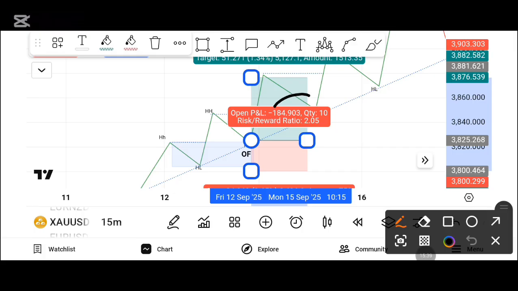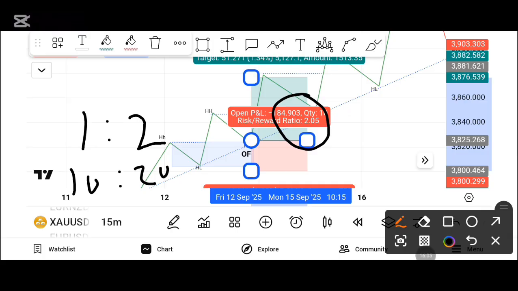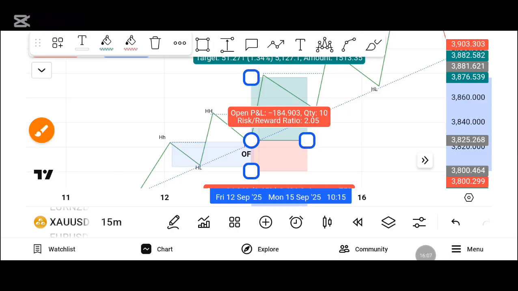So this is what I'm explaining here. Risk reward ratio of 2.05. This means that you are risking 1% to get 2%. Alright, that means if you are risking $10 on this trade, you want to be making what? $20. Alright, so that is what that means.